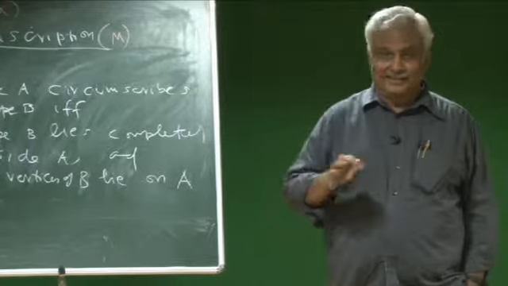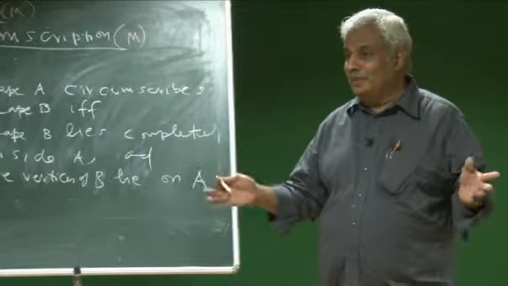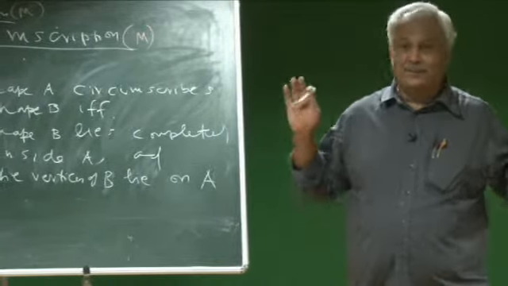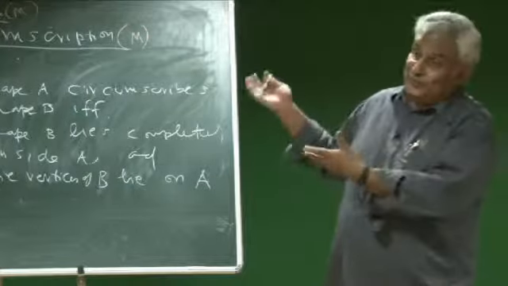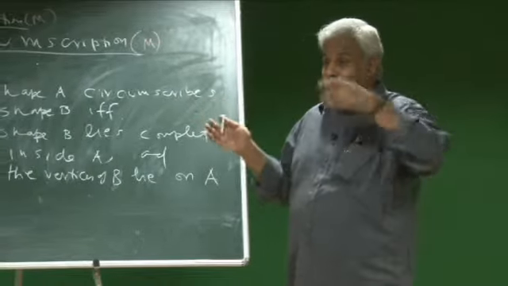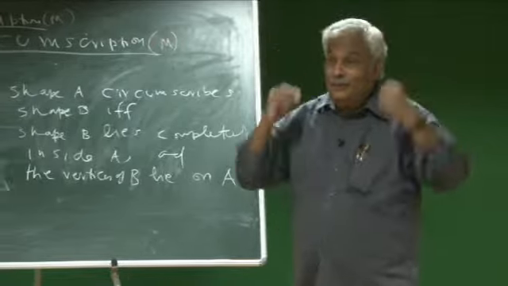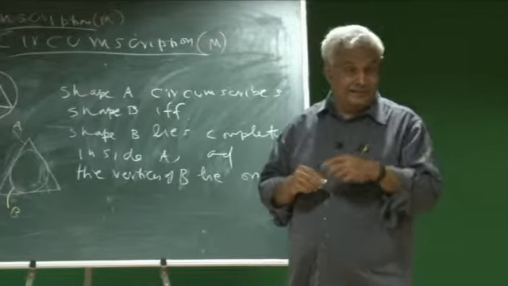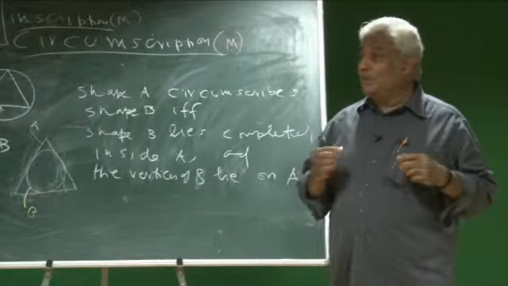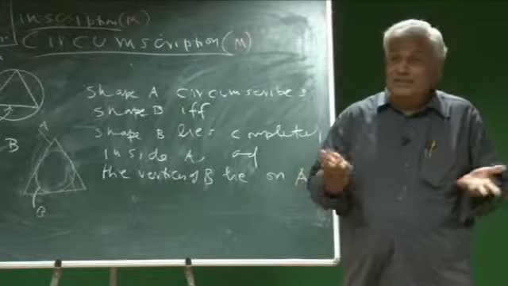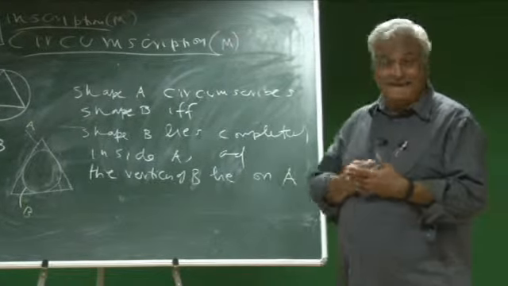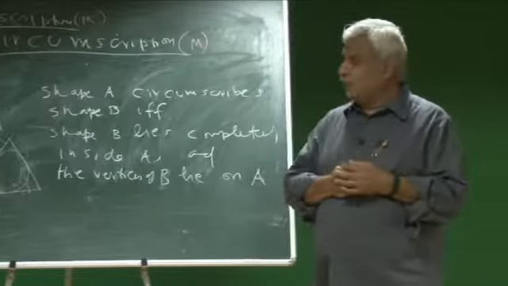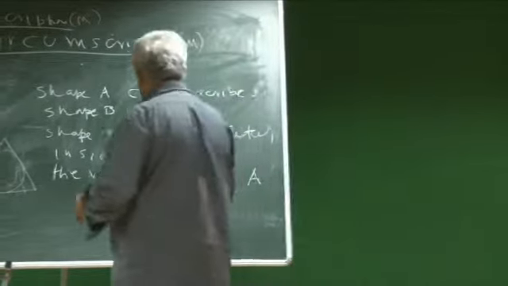I'm getting out of my depth. I told you guys I'm not a mathematician. I'm trying to learn what this word circumscription means. Now somebody is telling me that every point in a circle is a vertex. So you have to tell me what a vertex is. What is a vertex? A vertex is a point where two lines meet.